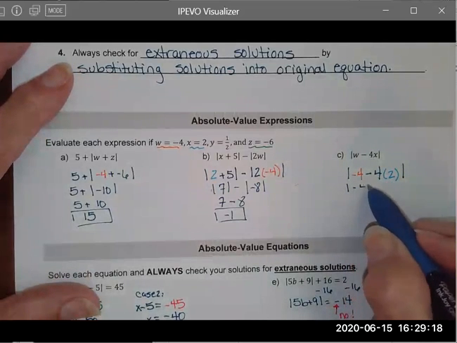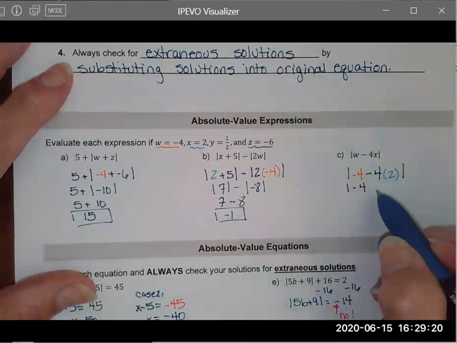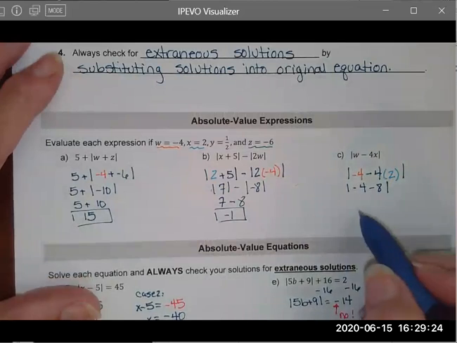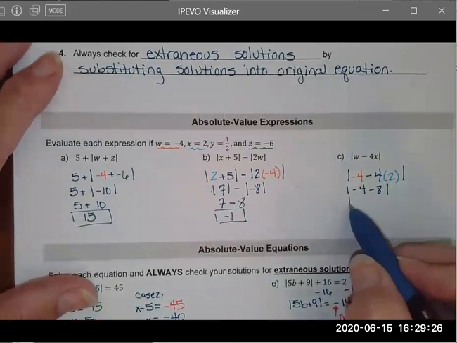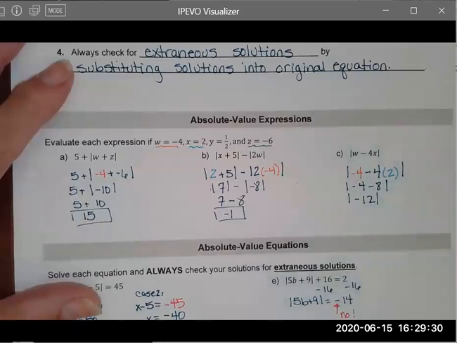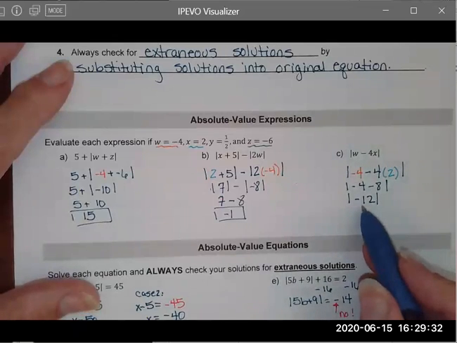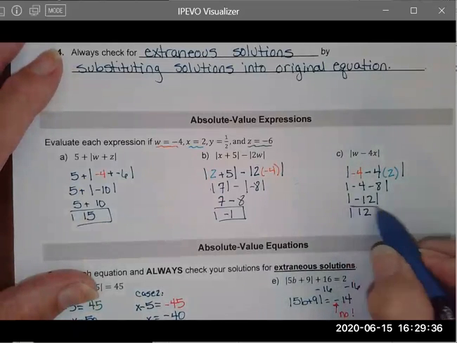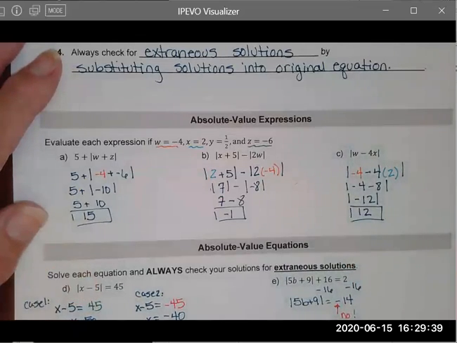In this particular case, I do -4 times 2 first. And that gives me a -8. And now I simplify -4 minus -8, which evaluates to a -12? The distance of -12 from 0 is 12 units. And I have simplified my last expression.